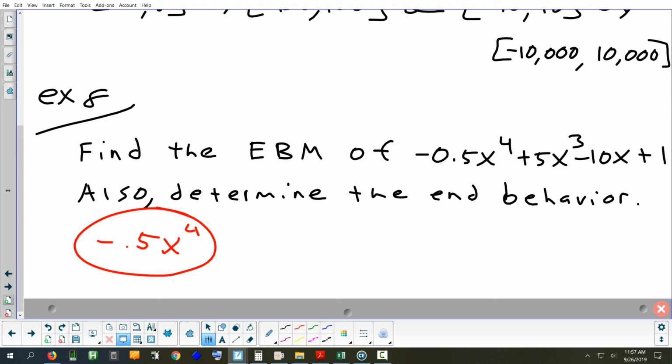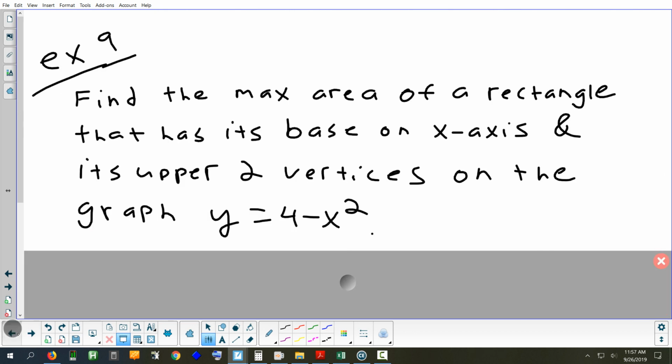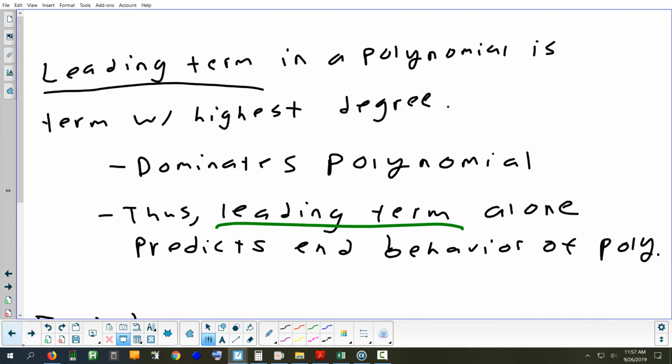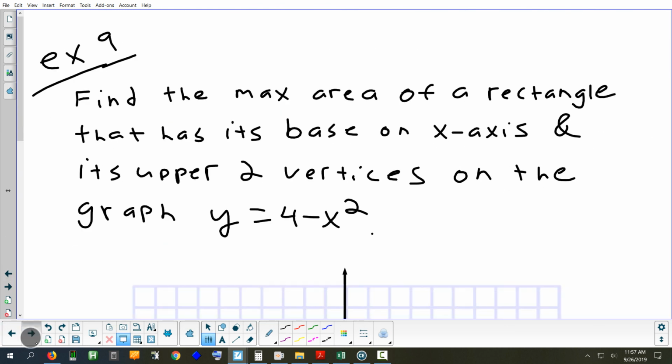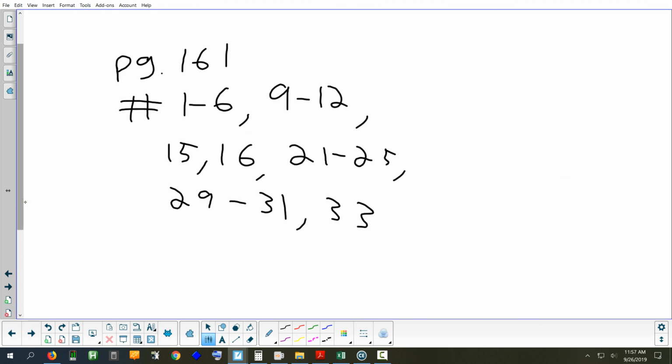Up, up, down, down, up, down, down, down. So it could look something like this, where this one is going to look something like this. But zoom out enough, and you won't even see those little ups and downs. We did that, we're not doing that, so that's it.